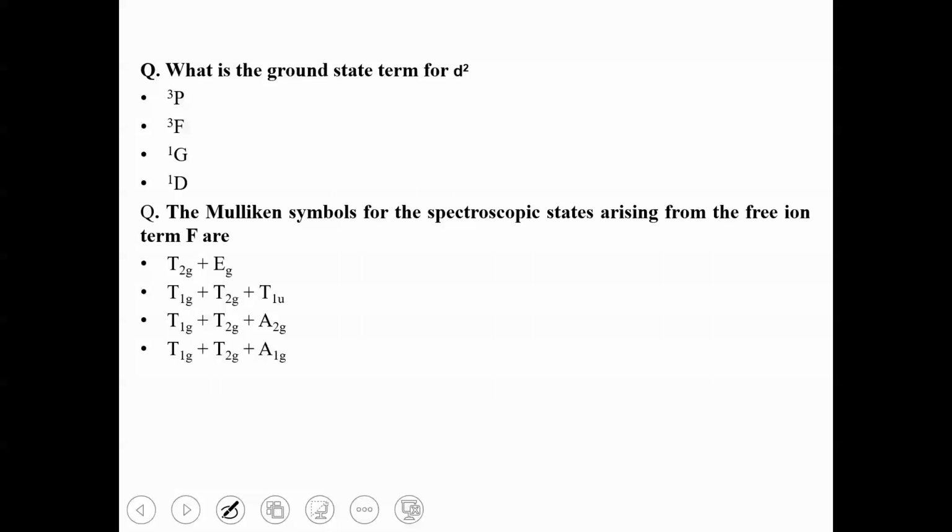Moving to the next two, what is the ground state term for the d2 configuration? Basically these are the term symbols. Just fill the electrons like this. Here are the momentum values. What will be the spin multiplicity?